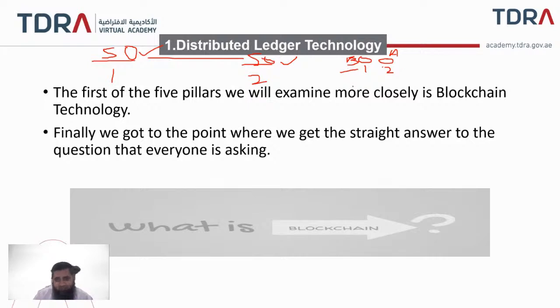So in this way the whole information about the car is stored in all three places, and this is called distributed ledger technology. So this is one of the features of cryptocurrencies, that it has the feature of distributed ledger technology.